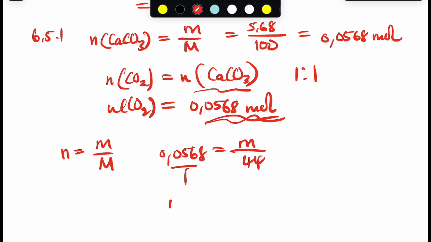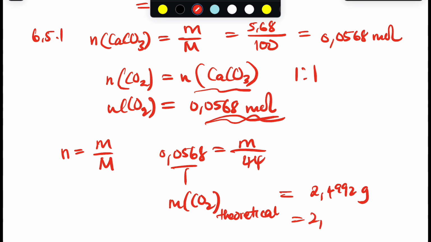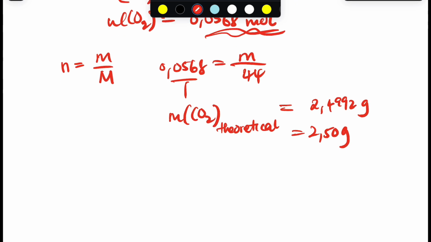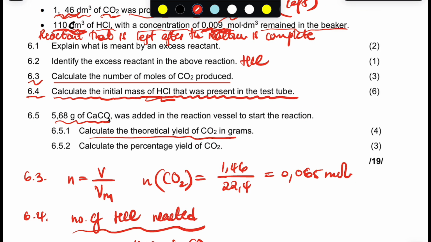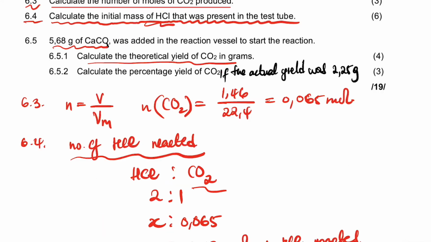When we cross multiply, the mass of carbon dioxide, which is the theoretical yield, is 2.492 grams, which is 2.50 grams, right? So now we are going to the next question. We calculated the theoretical yield in grams.